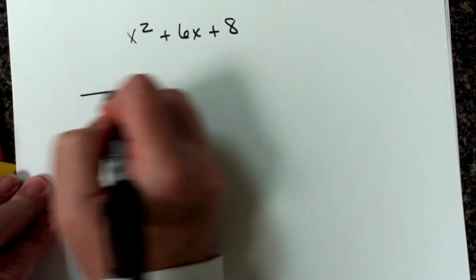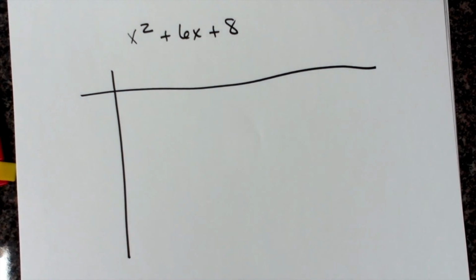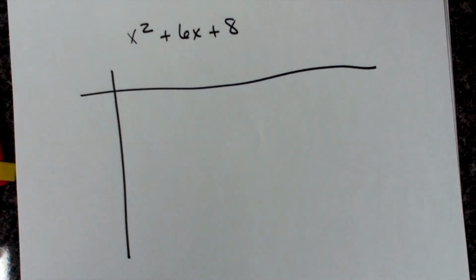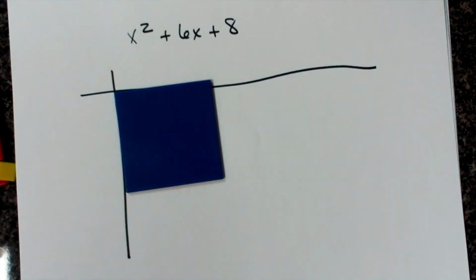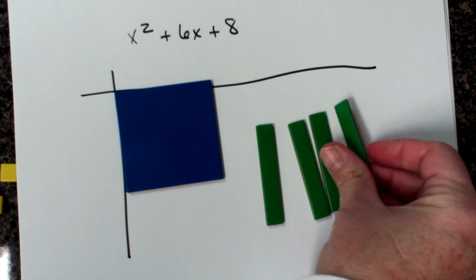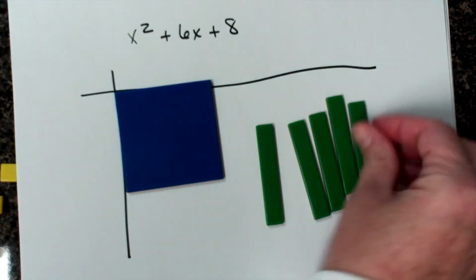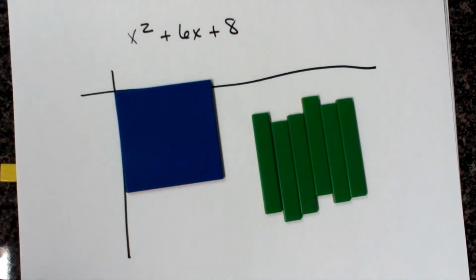Again, I'm going to use my beautiful drawing there. Not that great. So I have an x squared, I have 6 positives, 1, 2, 3, 4, 5, 6 x's, and I have 8.